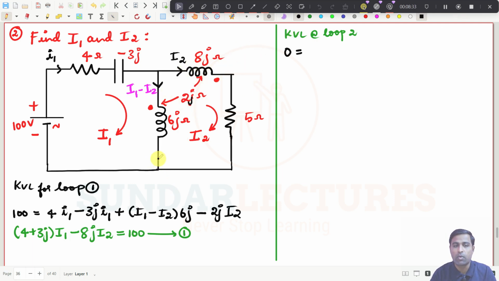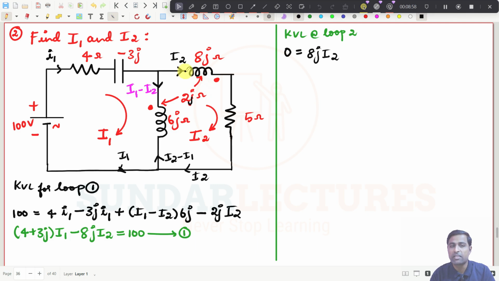For this one, you have to write this current: this is I1 and this is I2, so this current will be I2 minus I1. I should not see this current now. I have already told you, don't see this current. And now you write the expression for self-induced EMF, which is 8J I2. Straight away I will put plus.